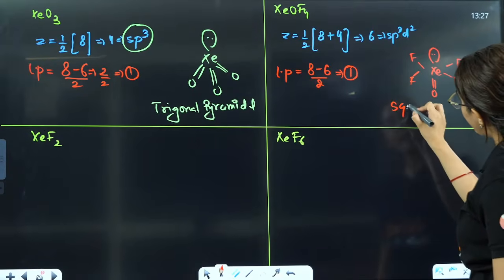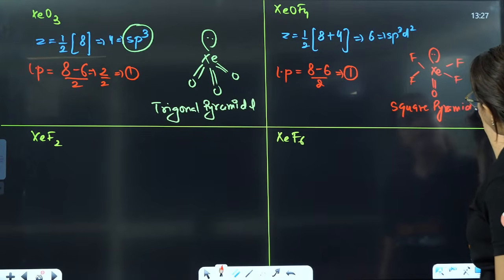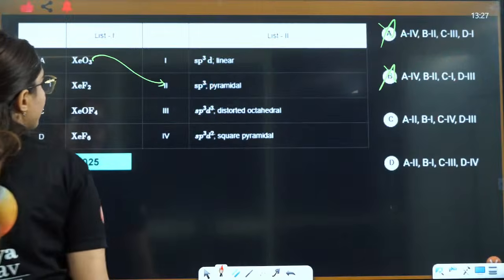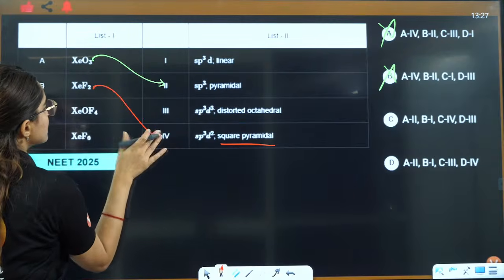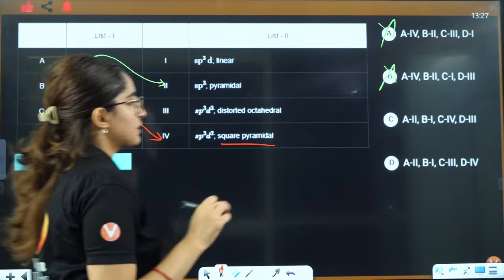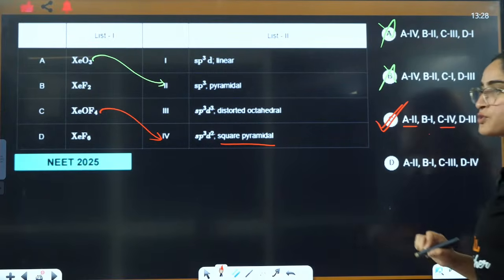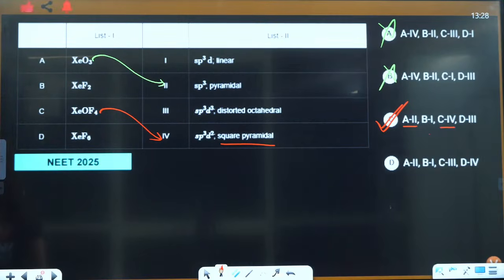That is square pyramidal. So in square pyramidal, sp3d2 will be the hybridization. So square pyramidal is this one. So C is going to be 4, right? C4 means this. So answer in the end is going to be C. Okay, right?